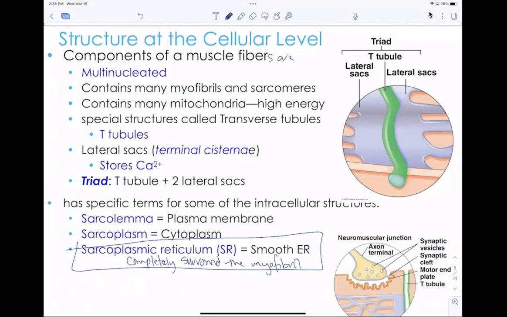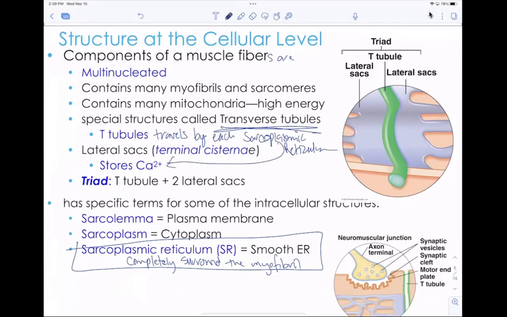And there is then going to be what is called a T-tubule or a transverse tubule, which travels by each sarcoplasmic reticulum. And this is important because the sarcoplasmic reticulum stores calcium. And calcium is a signaling molecule to allow sarcomeres to start getting shorter, essentially, muscle contraction.